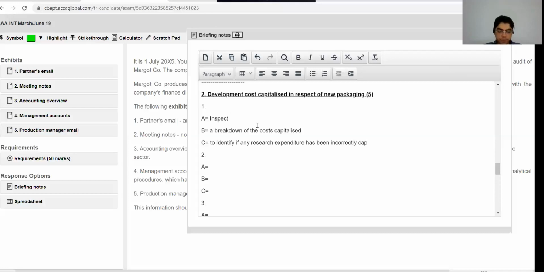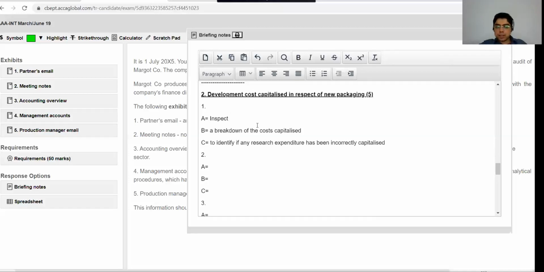That should not happen. The breakdown is going to tell you if some abnormal thing appears, and you could check if that's a research expenditure, because research expenditure has to be expensed out.